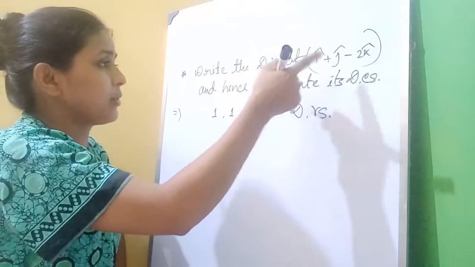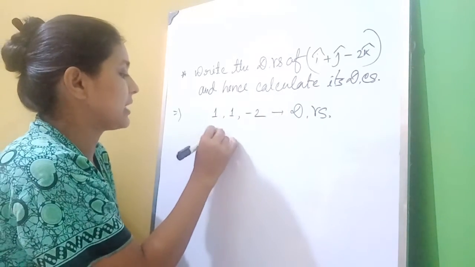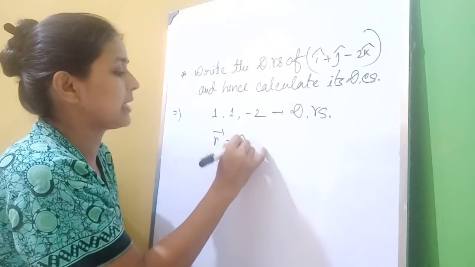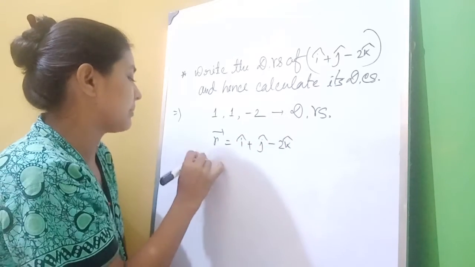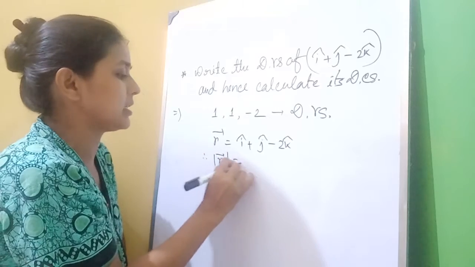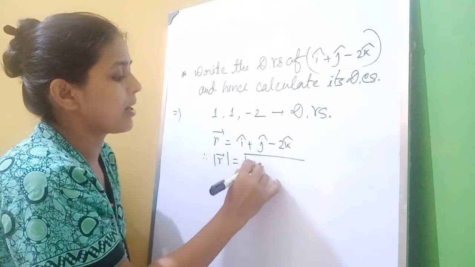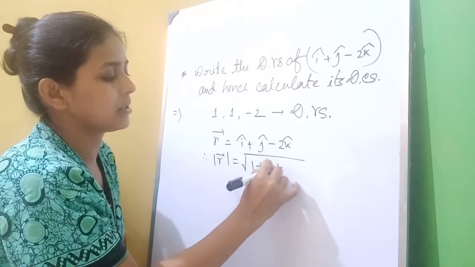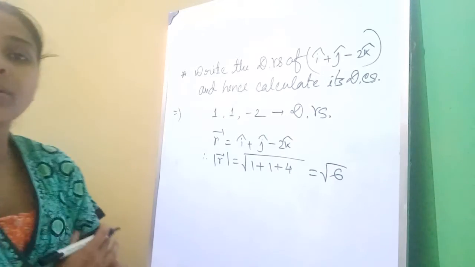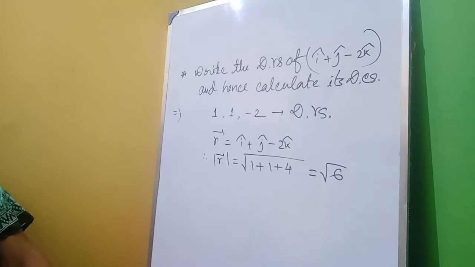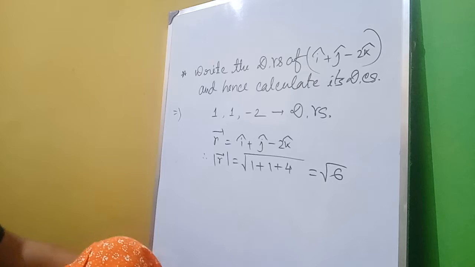Direction cosines: let r vector be equal to i cap plus j cap minus 2k cap. That means mod r vector is equal to root over 1 plus 1 plus 4, so it's root 6.